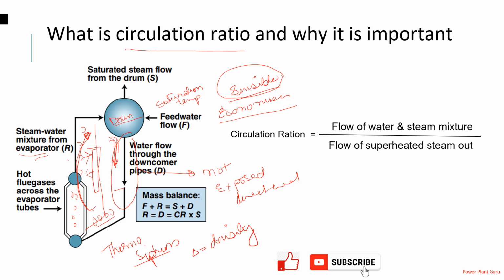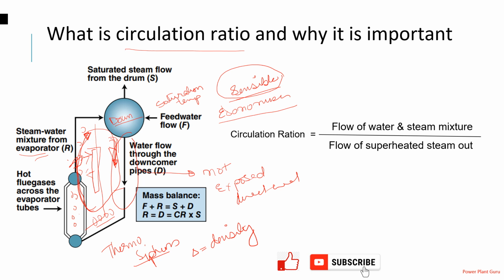Steam density is lower, and water density is comparatively higher. So the higher density fluid will come down, and the lower density fluid will go up. That is how this process is established, and this is the circulation: this side up, this side down. This is what the circulation is.